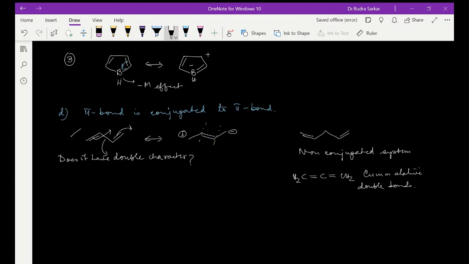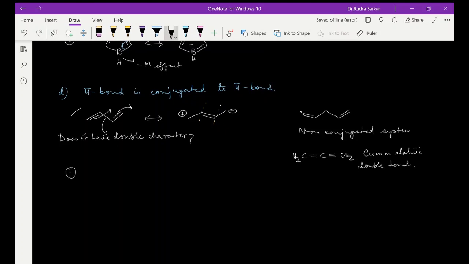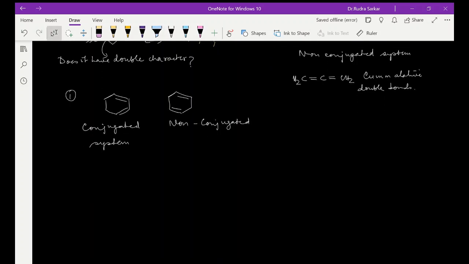Okay, that is what to be kept in mind. So some examples let's do. This and that is compared with this one and that one. So this is, we will say, a conjugated system. Non-conjugated. Okay.